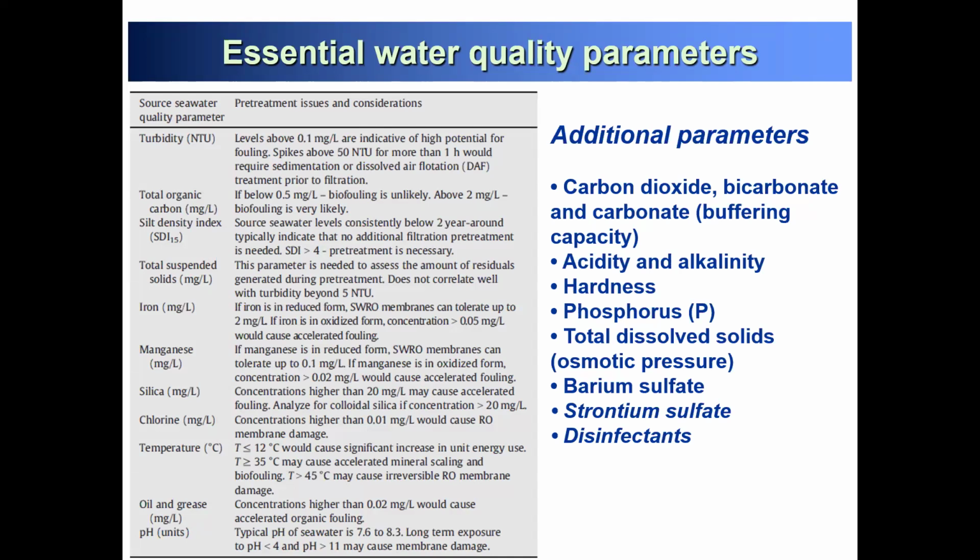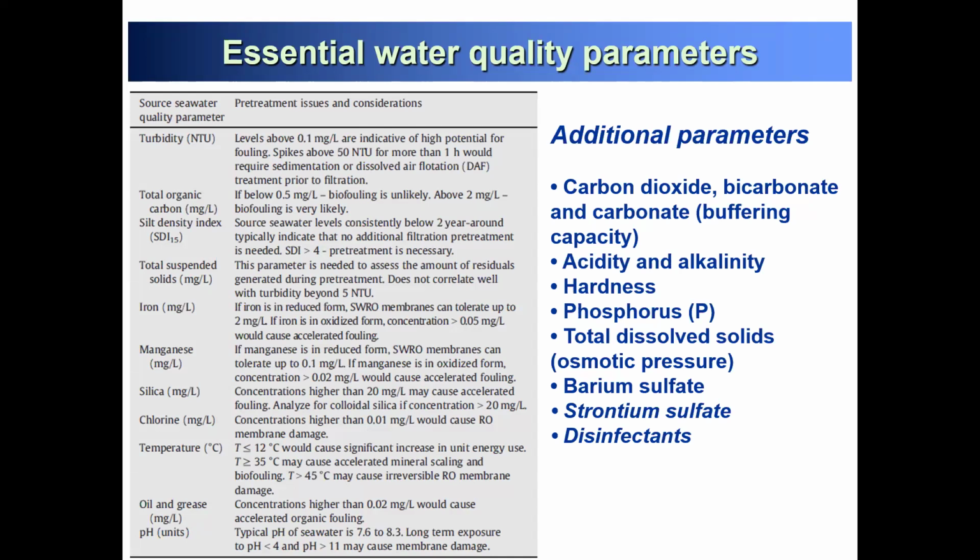Wastewater contains a lot of organics, which foul the membrane. So you have to think about total dissolved solids, not much in seawater desalination, and total suspended solids, iron, manganese, silicate, chlorine, temperature, oil. These are not really serious in seawater desalination design for water quality.